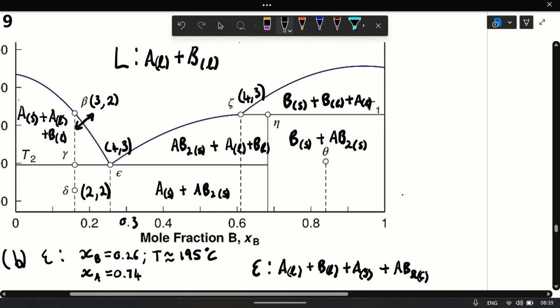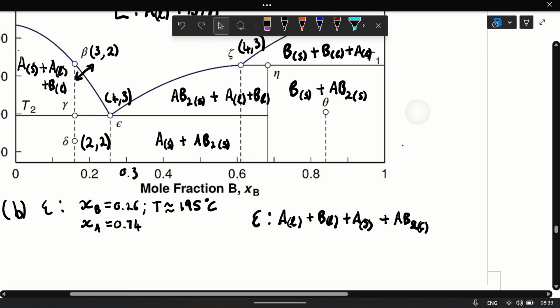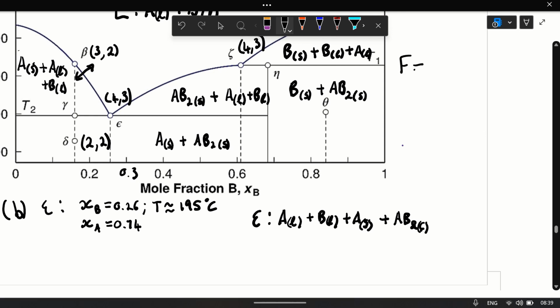Of course, you can calculate the degrees of freedom for these. That might be an extension to this question. So let's quickly just do that. F is equal to C minus P plus 2. Components will be your chemically distinct species, so actually your number of components is 2.